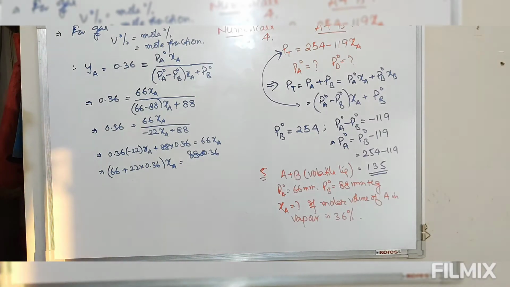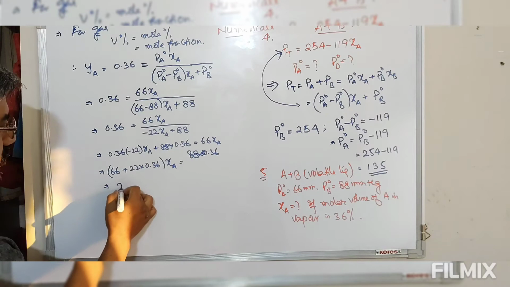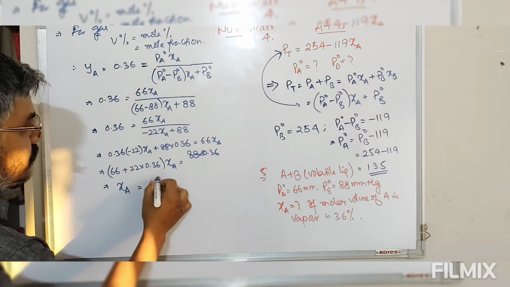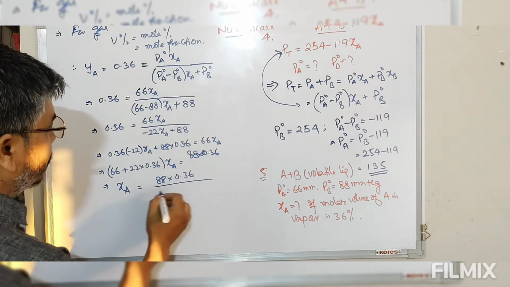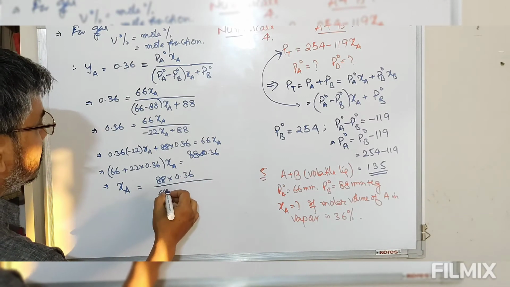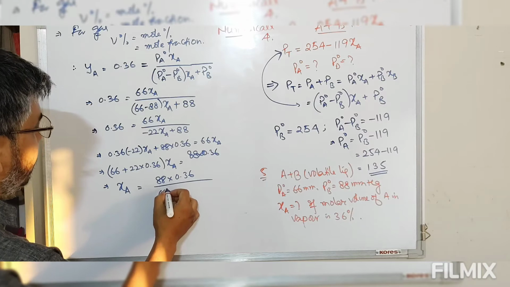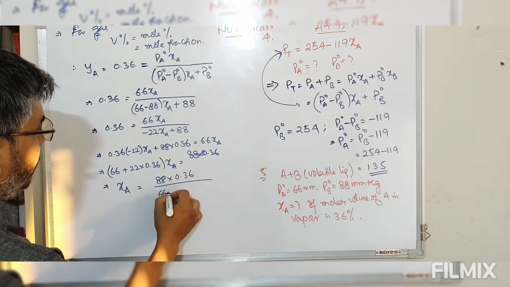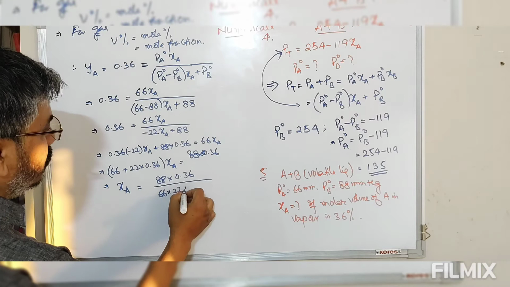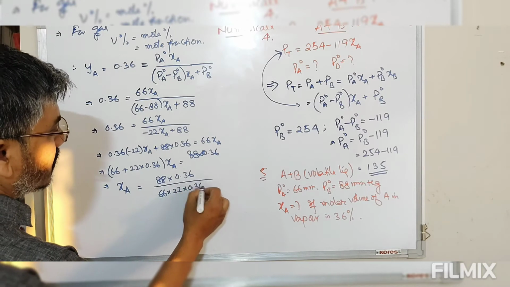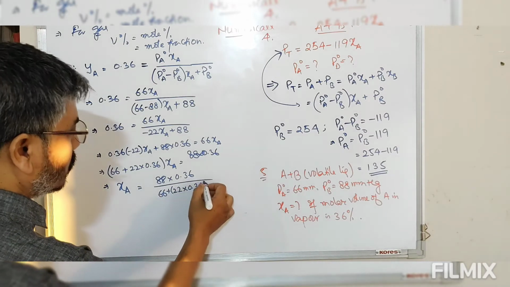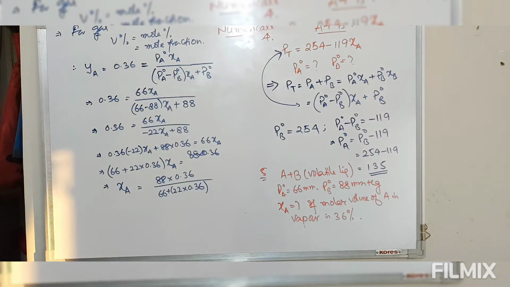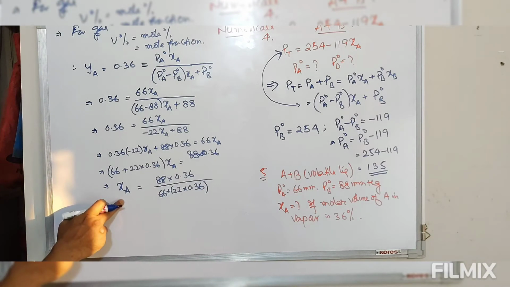So the mole fraction of A is equal to 88 into 0.36 divided by 66 plus 22 into 0.36. On solving these, we'll get the value of the mole fraction of A.